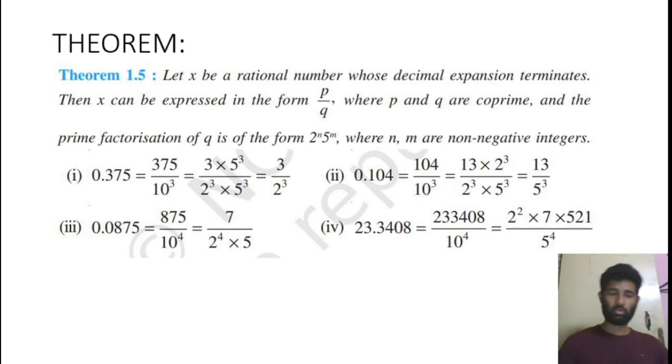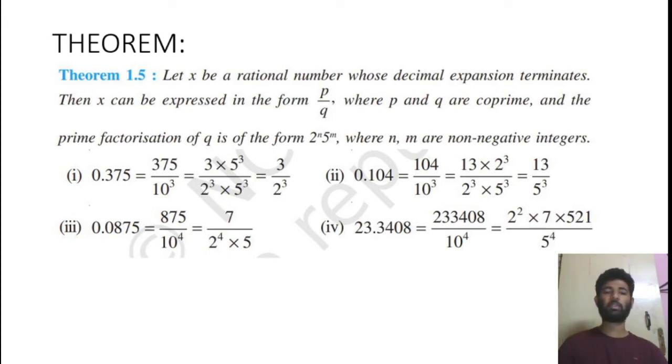What we understand from this theorem is that a terminating decimal expansion can be expressed in the form of p by q, where p and q are coprime and q can be represented in powers of 2 and 5, where the powers are non-negative. As you can see in the examples given below the theorem, 0.375 can be expressed as 375 by 10 to the power 3.